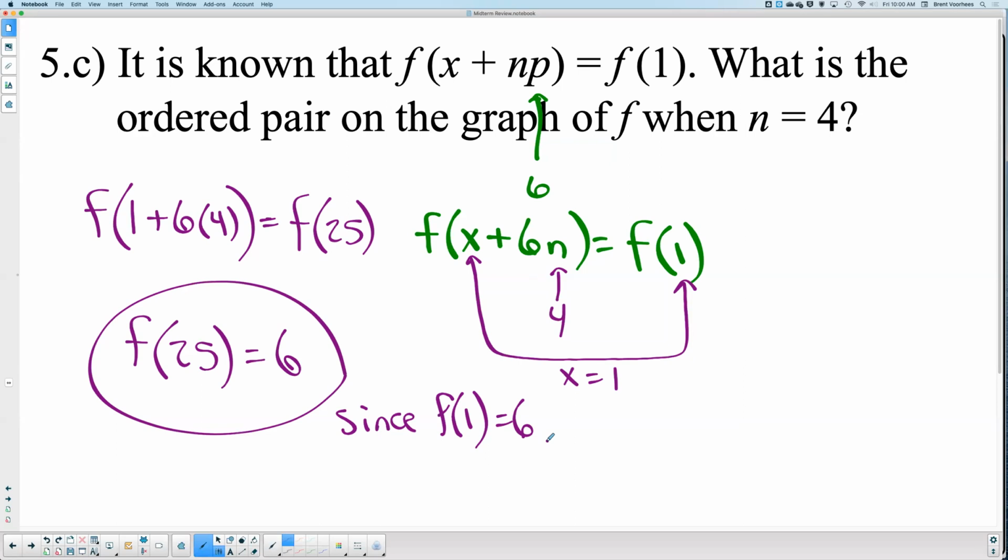It's a coincidence that I chose this one with f of 1 equal 6. Here, I can do it again. Do you remember how we had f of 4 equal -2? Since we had f of 4 equal -2, what would, not f of 10, not f of 16, how about f of 22? I just skipped forward a little bit. What would f of 22 equal?